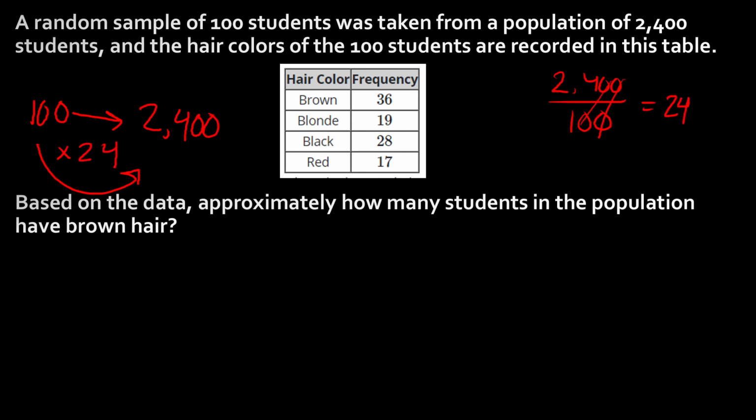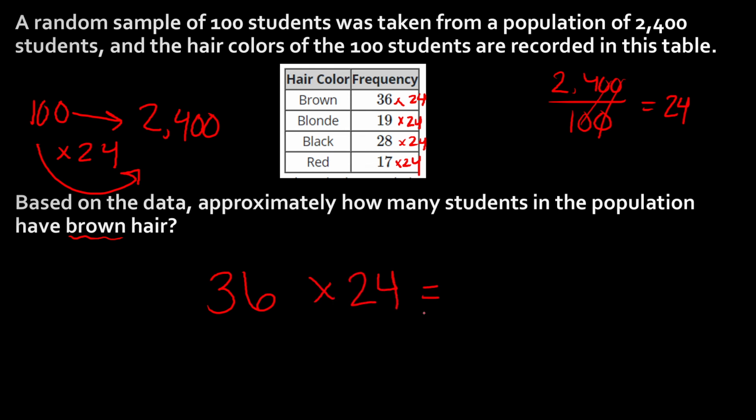So 100 times 24 gives me 2,400. Regardless of what color they ask me about, all I'm going to do is multiply that color's count by 24. This question is asking about brown hair. There were 36 people that had brown hair, so I'm going to multiply that by 24.